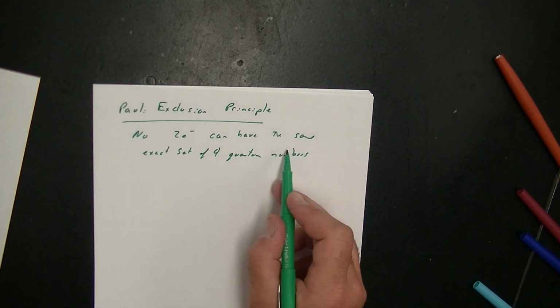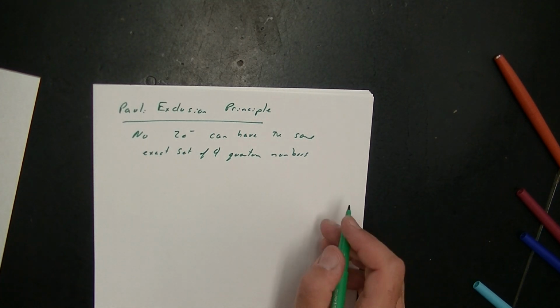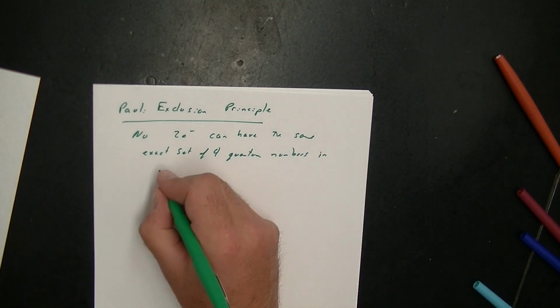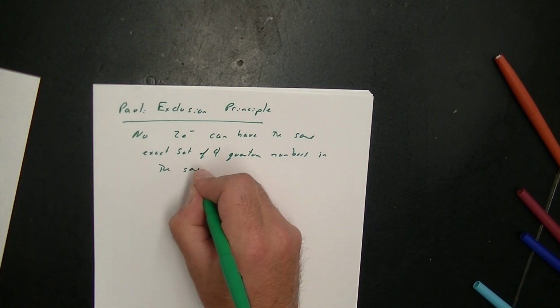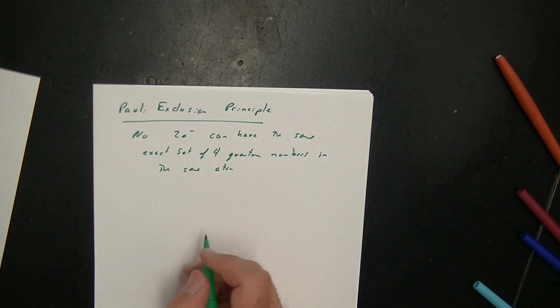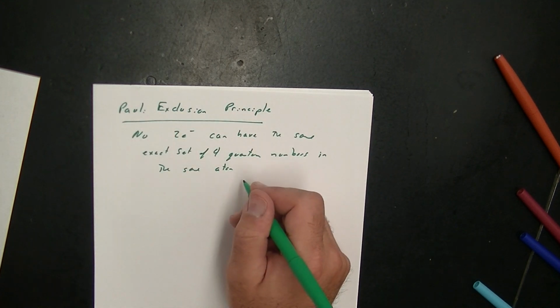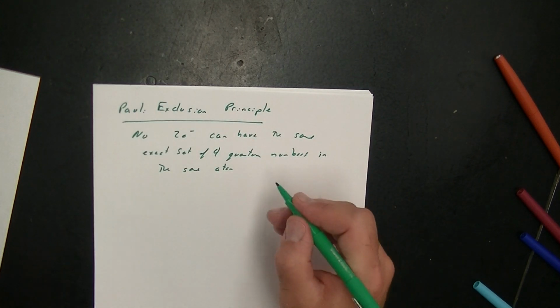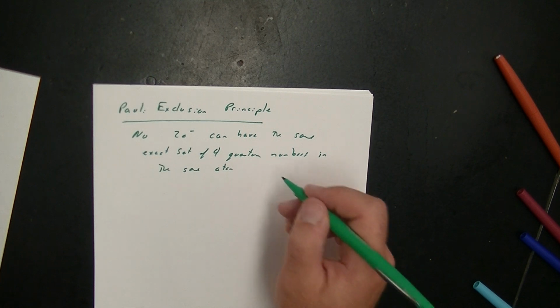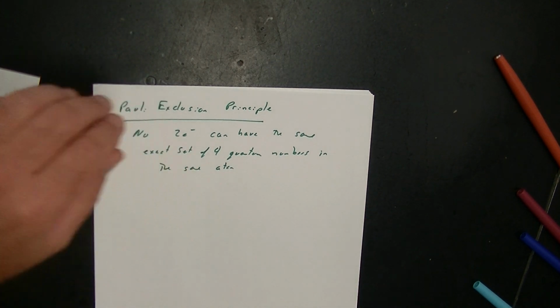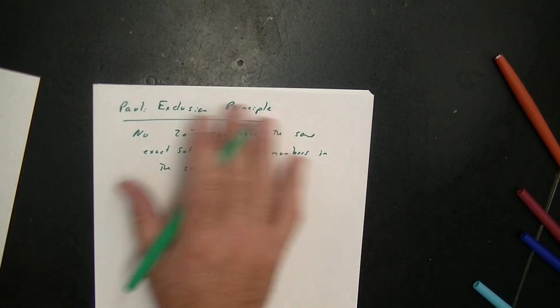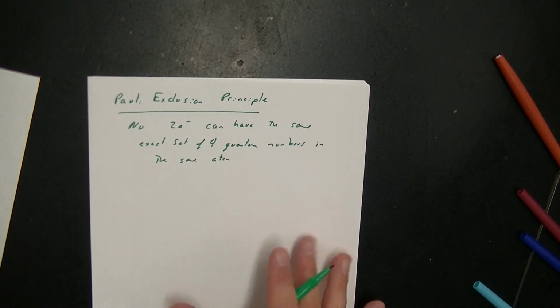So no 2 electrons can have the same exact 4 quantum numbers in the same atom. So what this is doing is giving us a roadmap to each specific electron in the atom. Now before we actually do this, let's summarize.